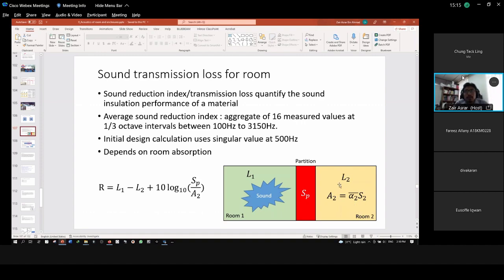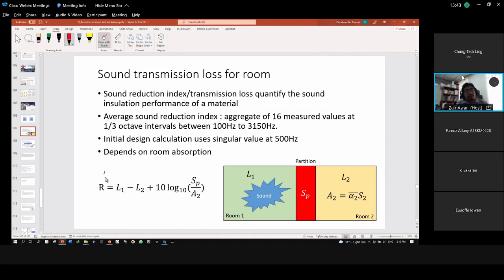Due to this original sound in room 1, we will have a sound pressure level at room 2 given by L2. So the sound pressure level at room 2 will depend on the amount of absorption in room 2 as well as the characteristic of the partition itself that is passing the noise to room 2. Normally we will be calculating what we call the sound transmission loss, given by this R here.